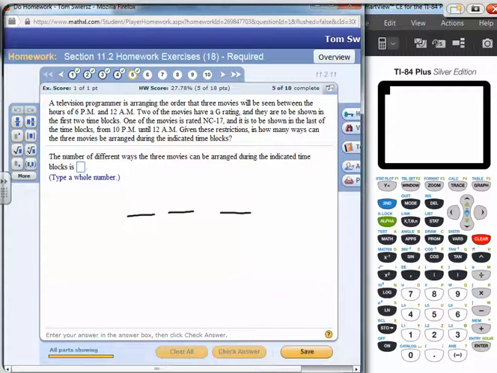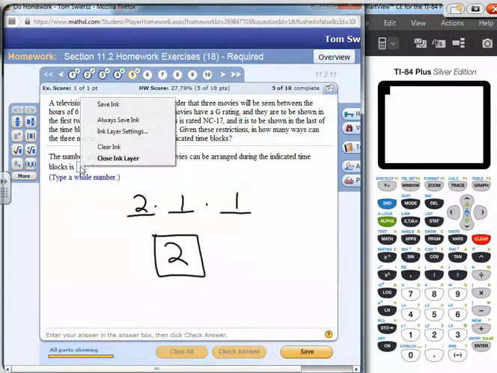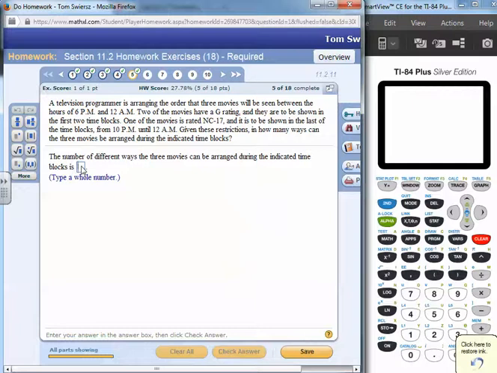So out of 2 movies, we have 2 choices, and then we use one up, so we only have 1 choice. Then one of the movies is rated NC-17, and that is to be shown last, which again, there's only 1 left, so it's times 1. So 2 times 1 times 1, of course, is just 2 altogether. So with those 3, it'll just be 2 choices altogether.